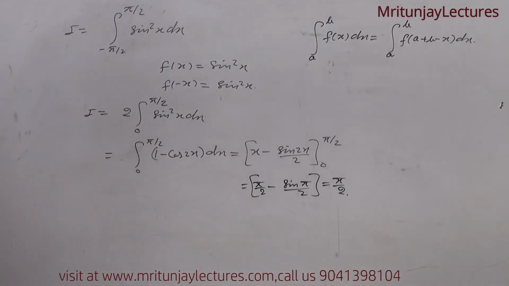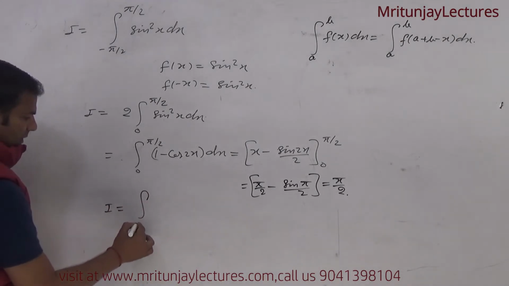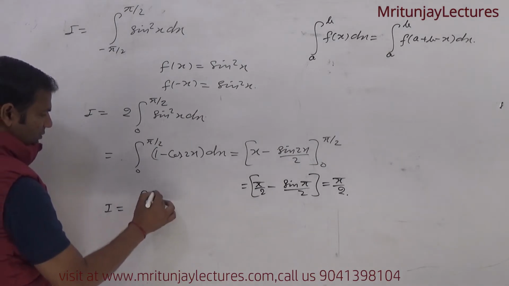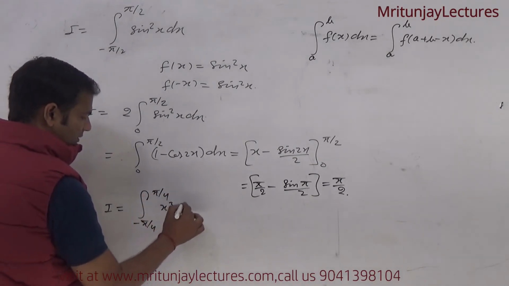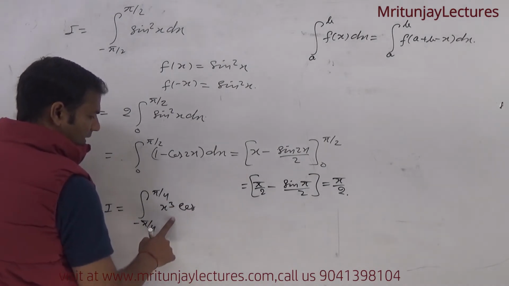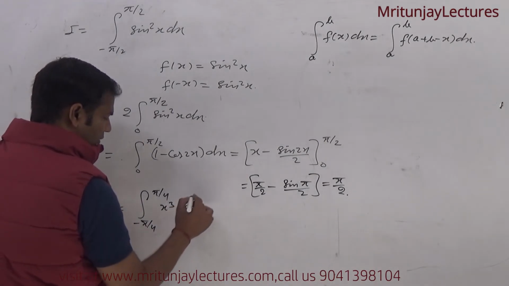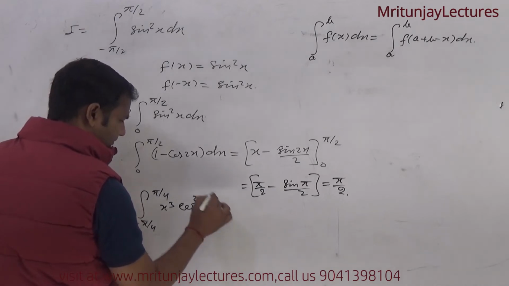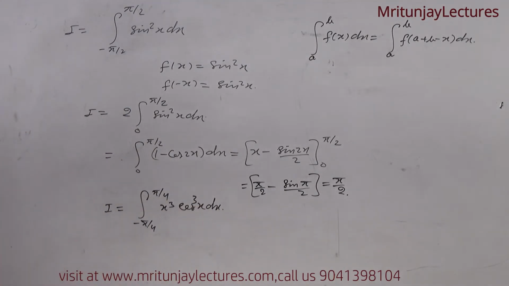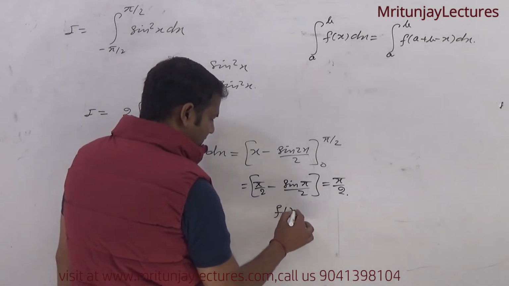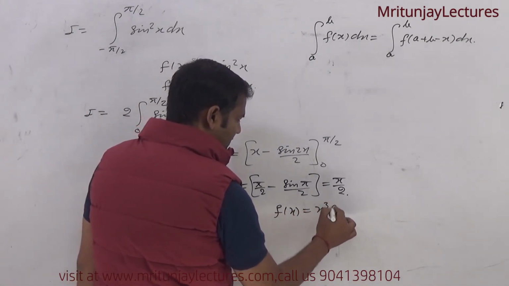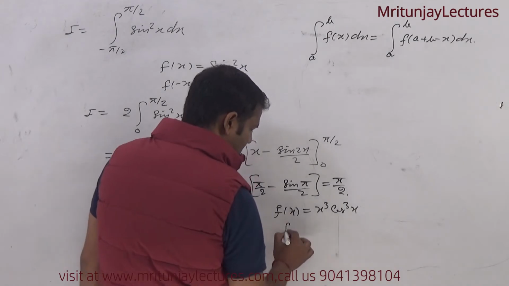Now another way. I is written as the integral from −π/4 to π/4 of sin³x cos³x dx. First of all, focus on this function. f(x) is x³ cos³x.